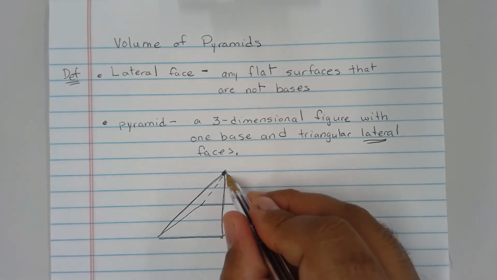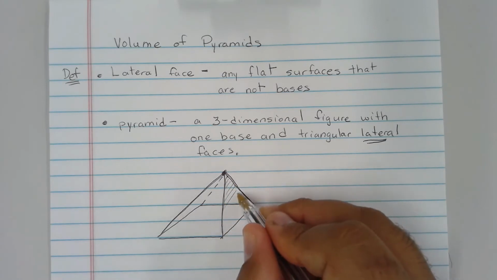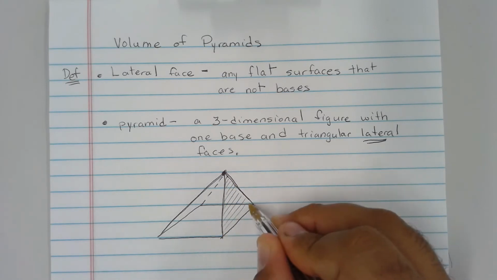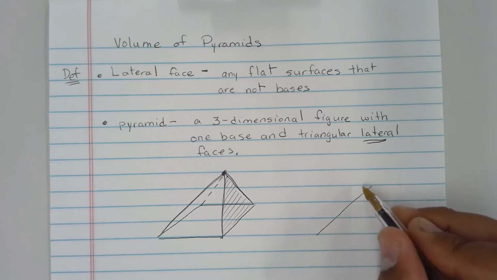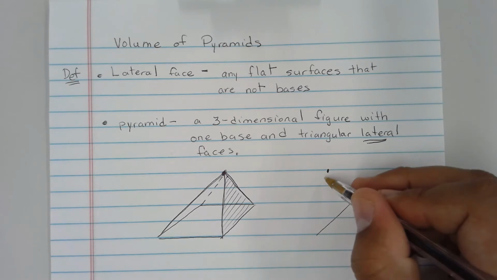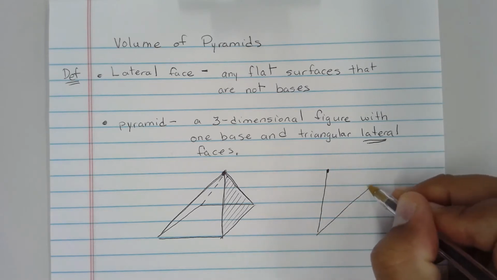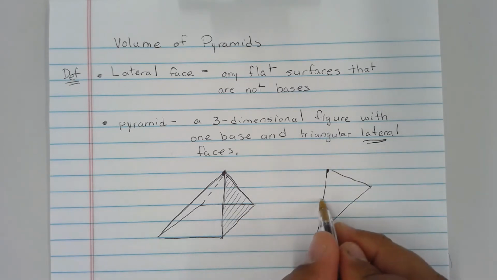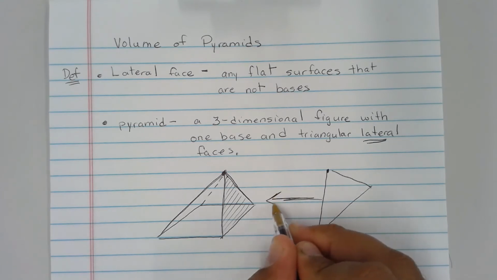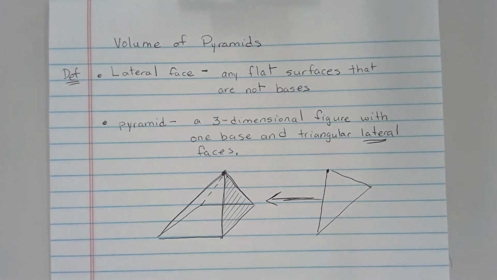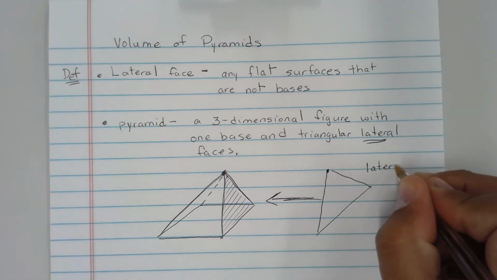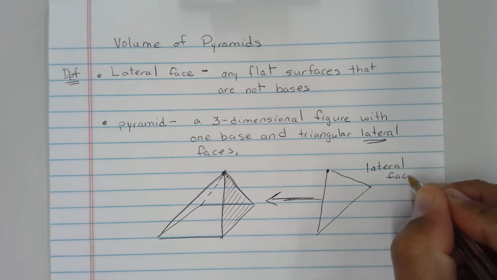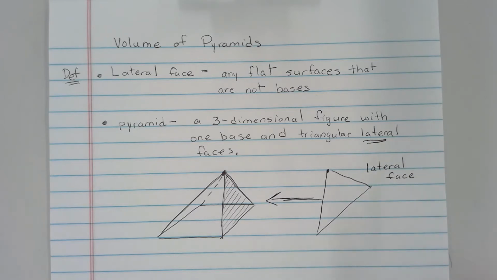This side here, I'm going to go ahead and shade it so you guys can see it. Okay, that's the lateral face. Why? Because it's not the base, it's a part of the side that goes on here.